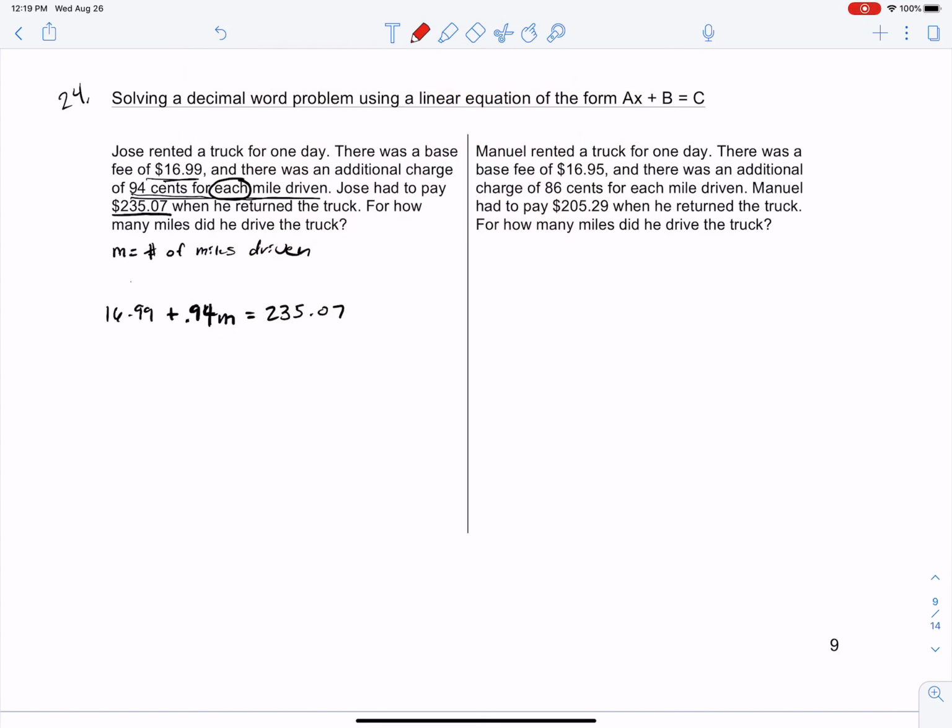I really in actuality have B plus AX equals C, and that is fine. If you wanted to rewrite this and put 0.94M plus 16.99 equals 235.07, that's fine.